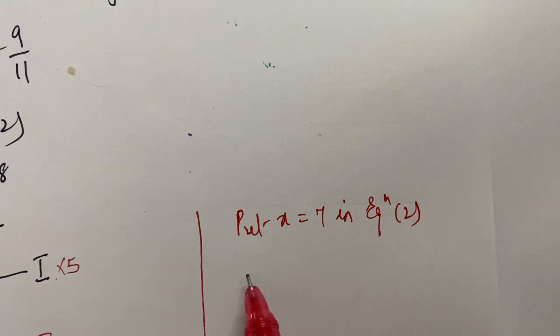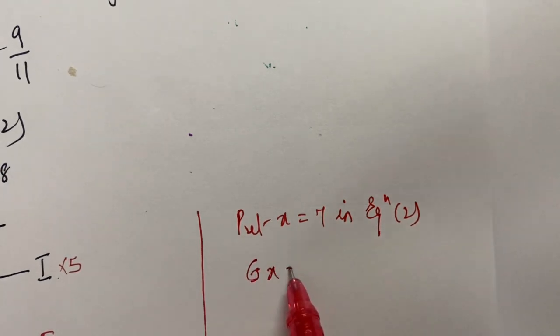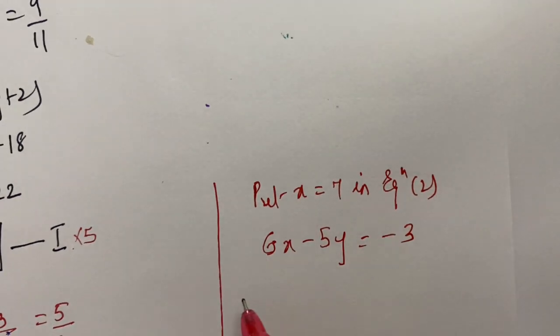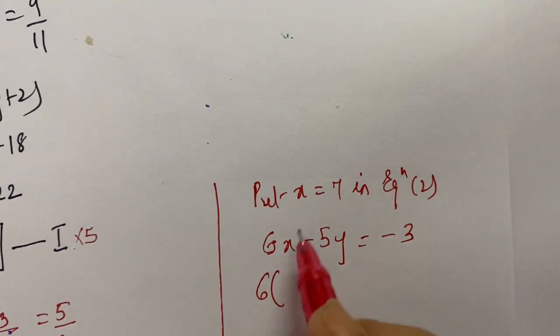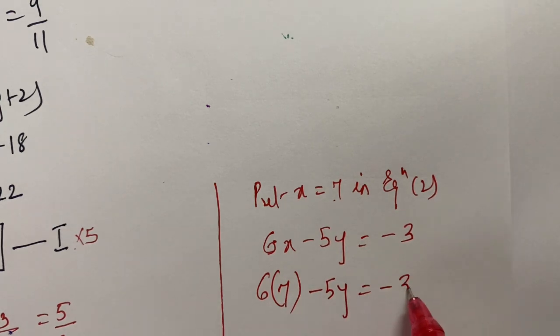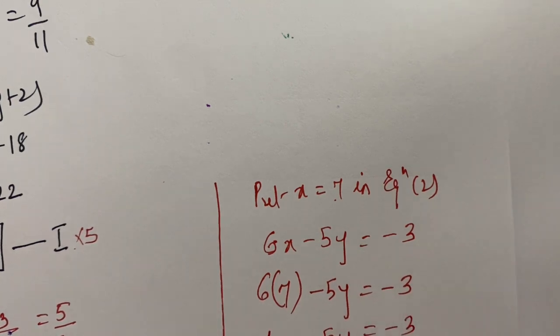And what is your equation 2? 6x minus 5y is minus 3. 6 into 7, the value of x is 7, minus 5y is equal to minus 3. 6 sevens are 42, minus 5y is equal to minus 3.